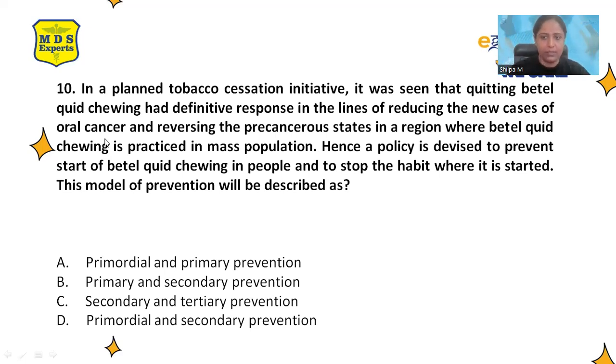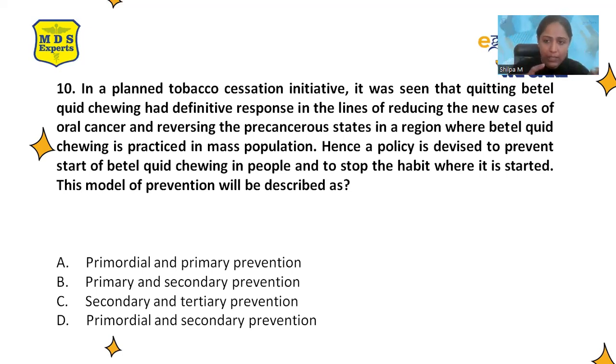So new cases are reduced when you quit betel quid chewing. Reversing precancerous states. So it is seen that quitting betel quid chewing reduces new cases of oral cancer, reverses the precancerous states in a mass population where the habit is there.